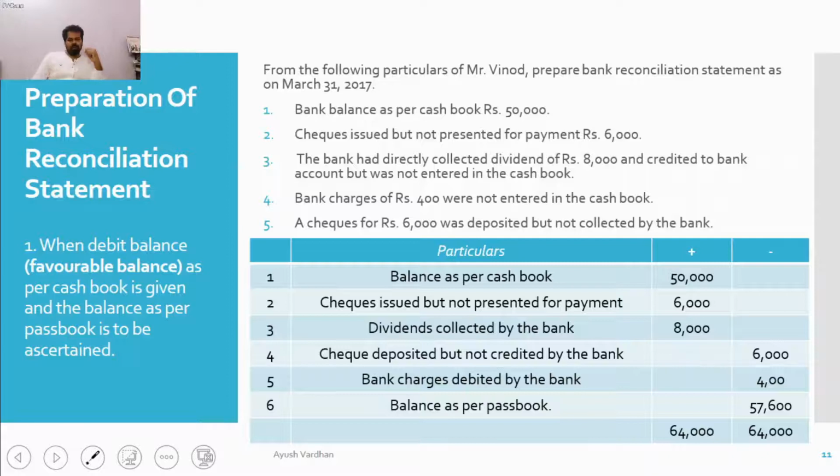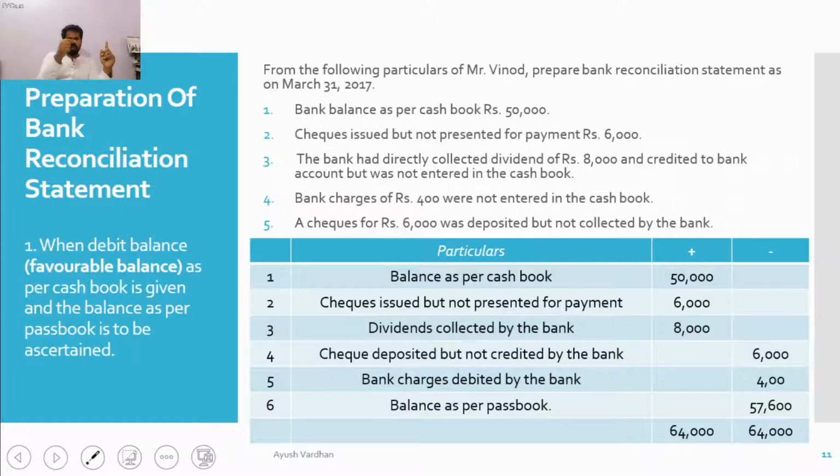We have to first look for who is my target, and how do we set the target for BRC. So what is the very first entry? Is it cash book? If our first entry is cash book, then target is passbook.